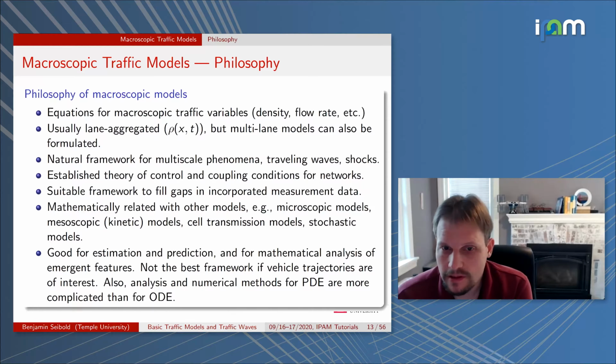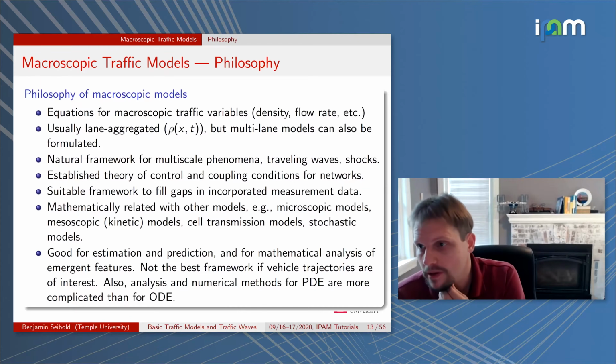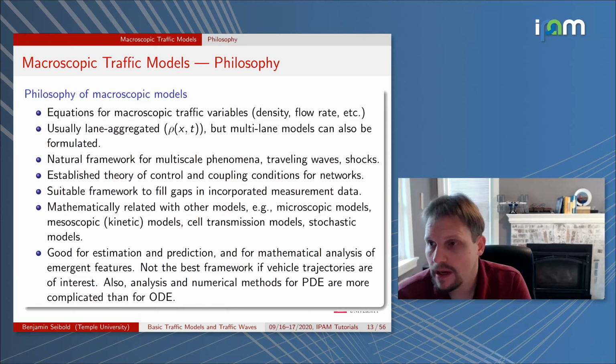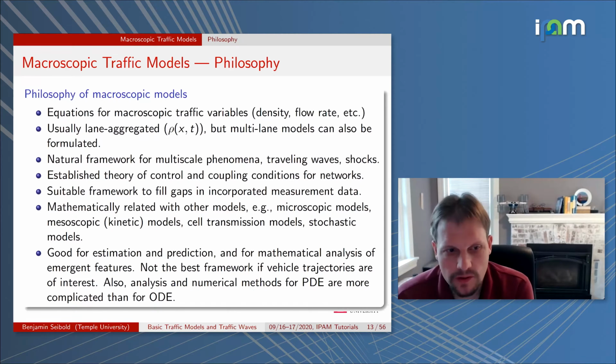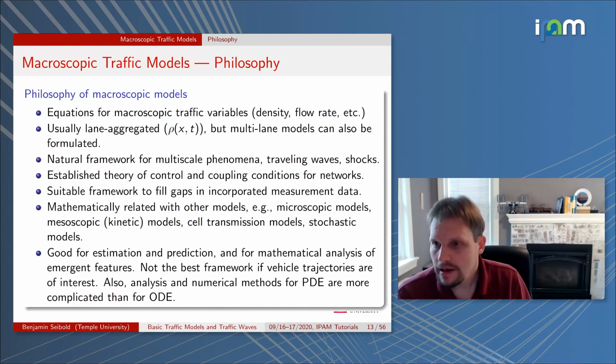There's an established theory of, for example, control and network coupling conditions. It's good to use with sparse data. There are established ways to do filtering together with sparse data. There is the mathematical relation to other descriptions, right? Suitable limits we mentioned. And of course, they're fun to analyze as well. There are established numerical methods for these types of descriptions.